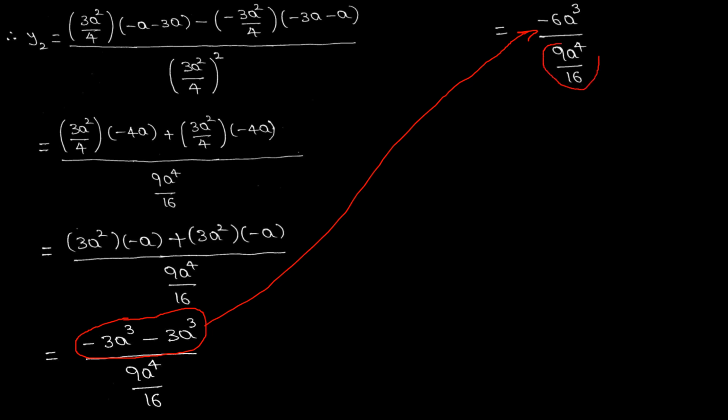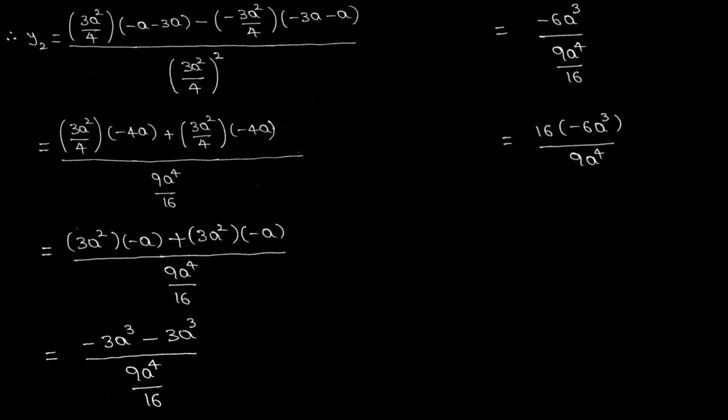Let us take this to the reciprocal. It becomes 16 divided by 9a to the power 4. Now here cancellation will happen. A cube with a cube gets cancelled, and 3 3s are 9 will happen.